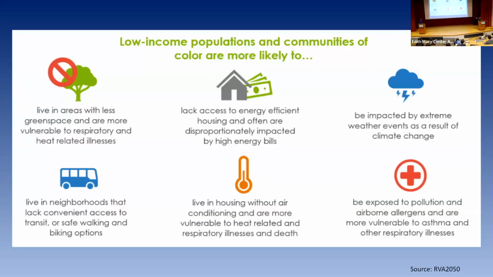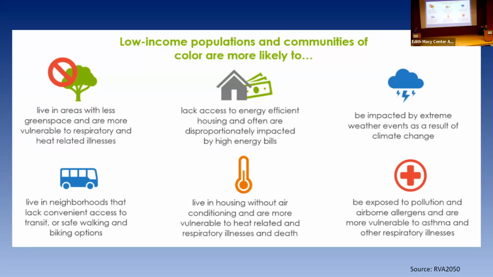So I don't want to spend a lot of time on this. I think we're all familiar. I'm not here to convince you that DEI matters for climate science and climate adaptation. Most of us know that there are particular groups of people who are suffering more harms at the hands of climate change, that are deeply rooted in structural racism and other structural inequities.